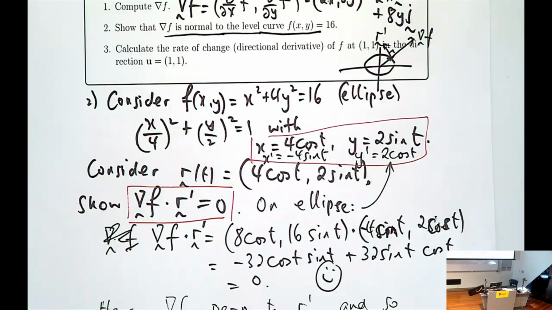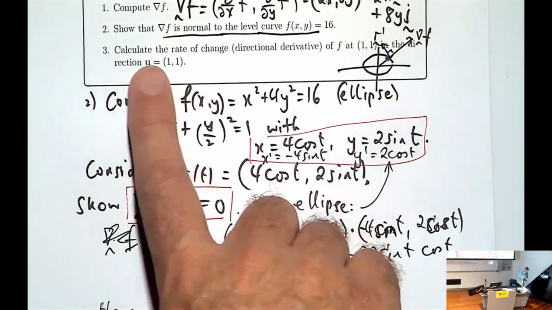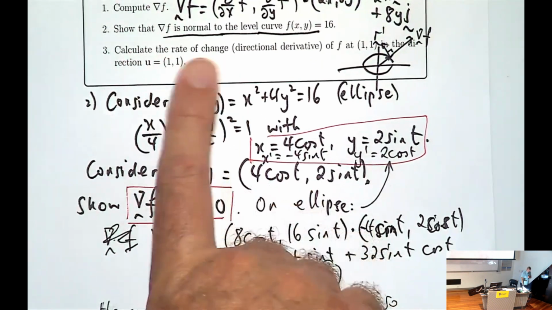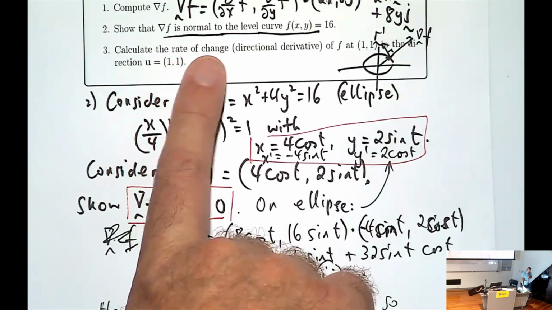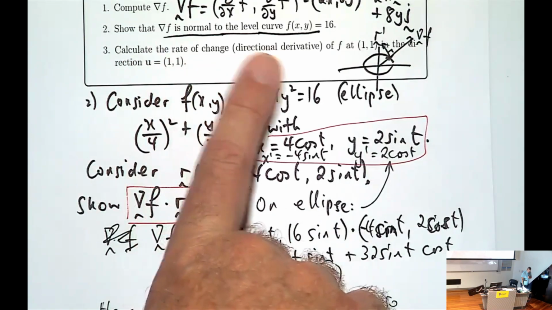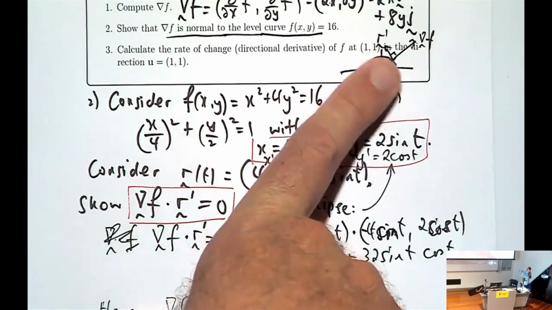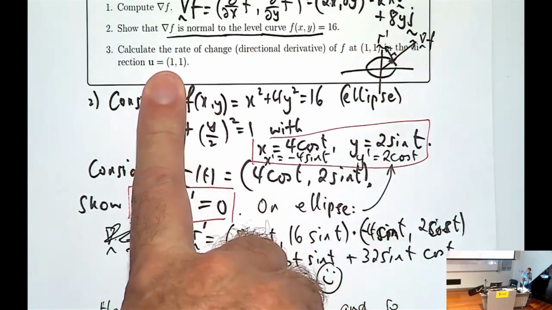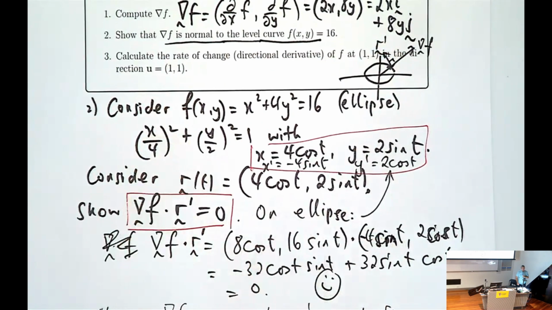So let me start this off with a picture. If you can understand the picture, you can understand the idea. The terminology: calculate the rate of change, the directional derivative of f at a point in the direction of this vector. Okay? So let's slow down a bit.